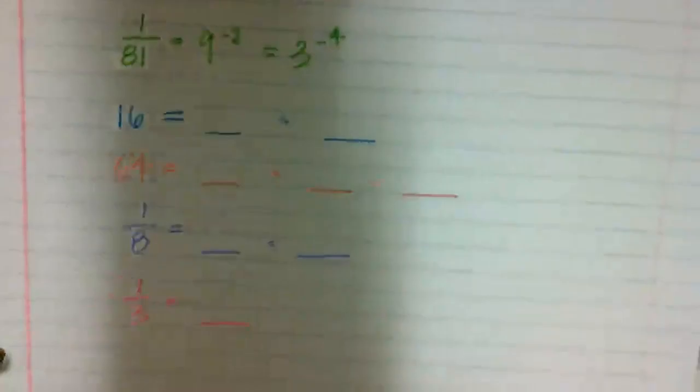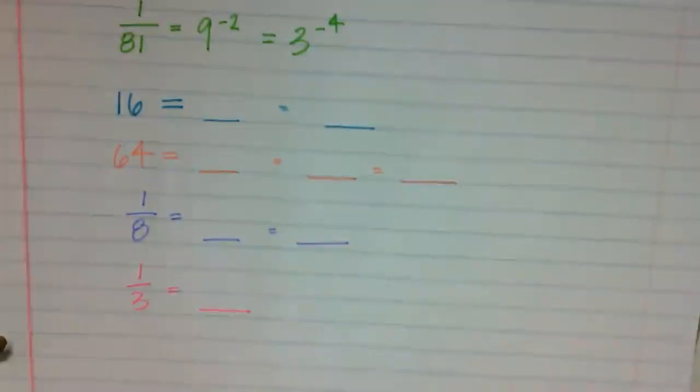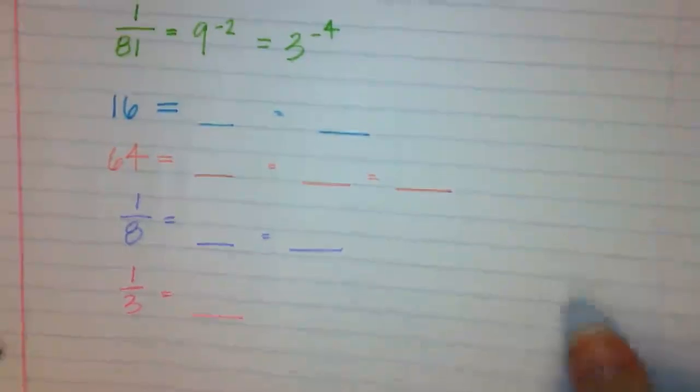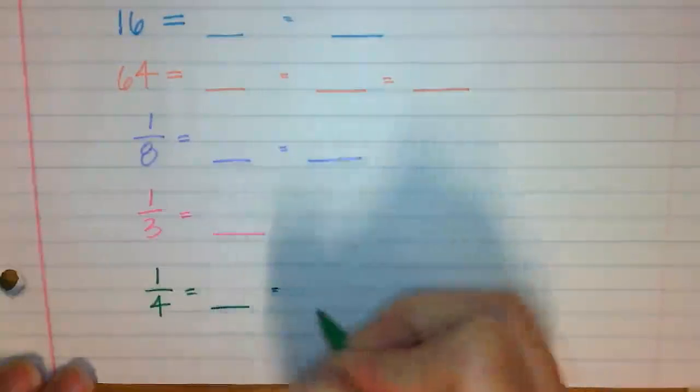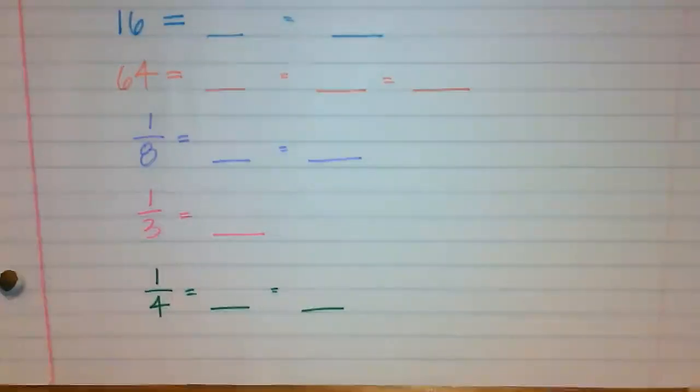And for the last one, let's have you figure out, sorry, the shadow is really bad on here. Let's see if we can fix that. Let's have you figure out another way to write 1/4, and actually we have 2 ways to do that.